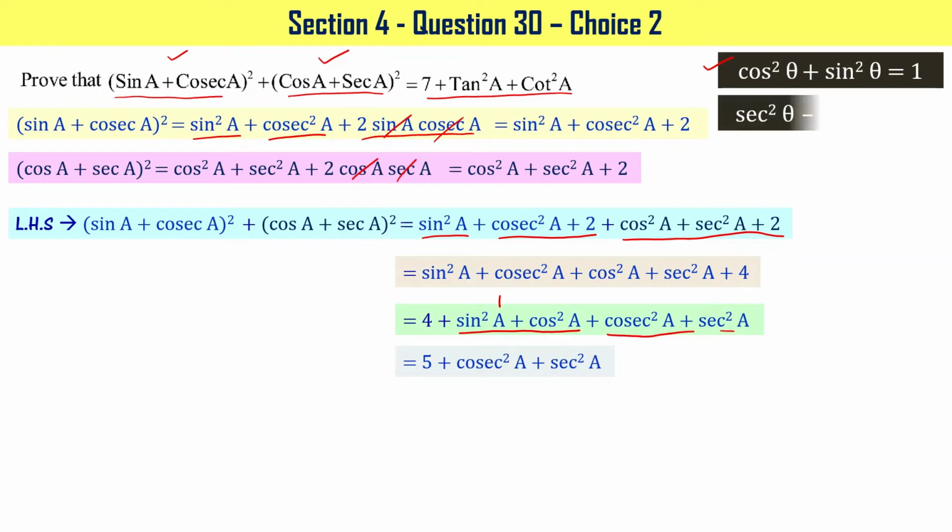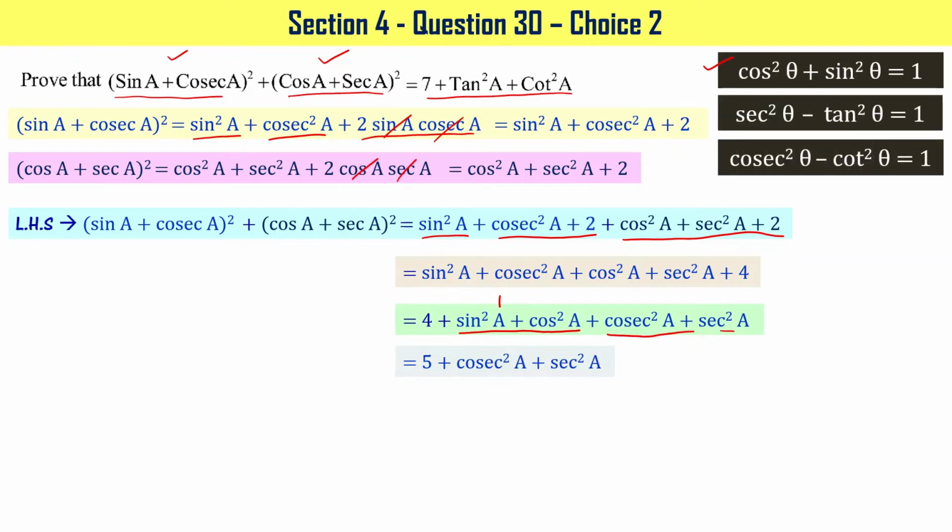We know that cosec square A and sec square A can also be written in a different way using the trigonometric identities. Sec square theta equal to 1 plus tan square theta, right? This is what it is saying. Cosec square theta is going to be 1 plus cot square theta. Let's substitute them.